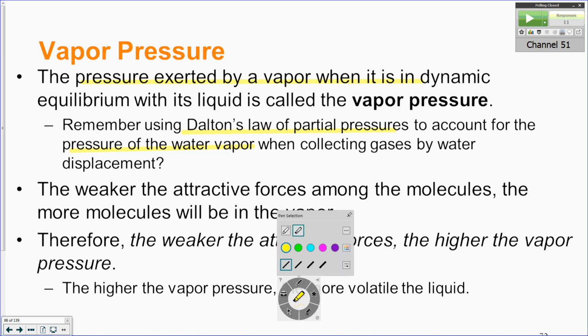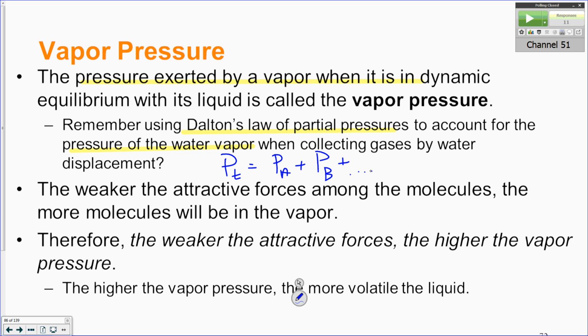Dalton's law of partial pressures said that the total pressure of a gas was equal to the summation of the individual components: the pressure from component A plus B plus whatever all the gases were. And if one of those was water vapor, then the partial pressure of water contributed too. The way we corrected for that is we knew the vapor pressure of water at the given temperature. So we knew at 28 degrees what that contribution from water was, so we could simply subtract it out and find out what the pressure of the gas was.